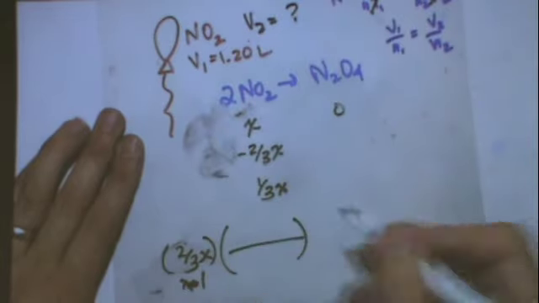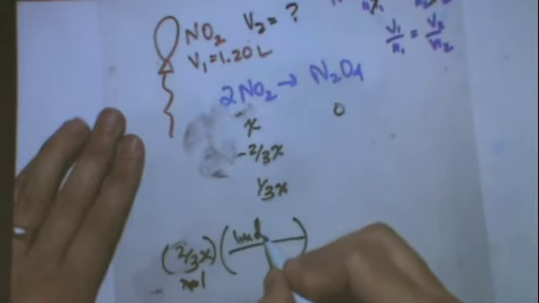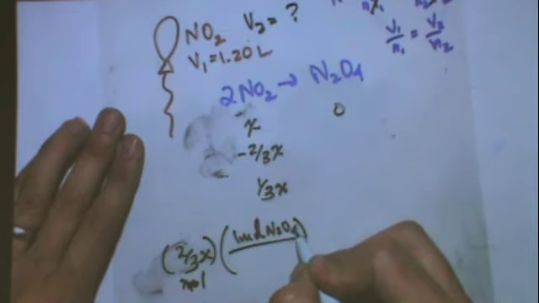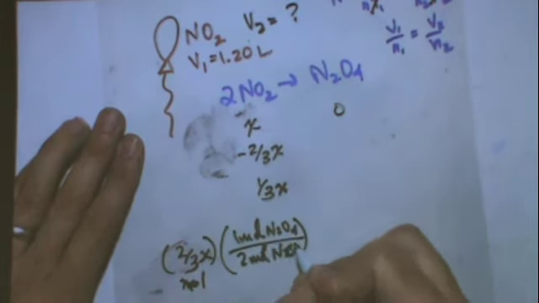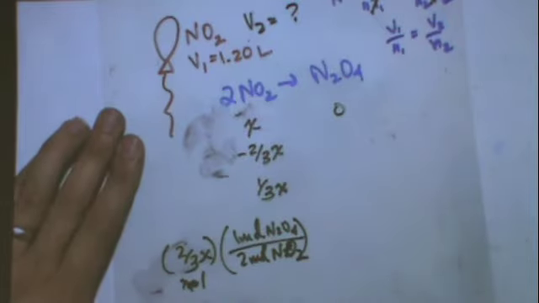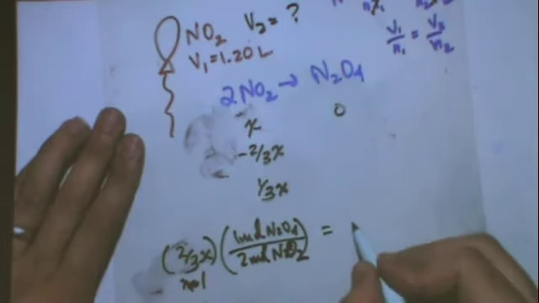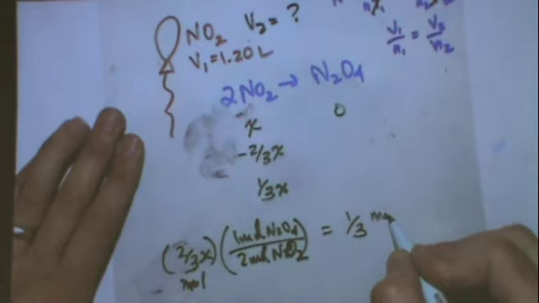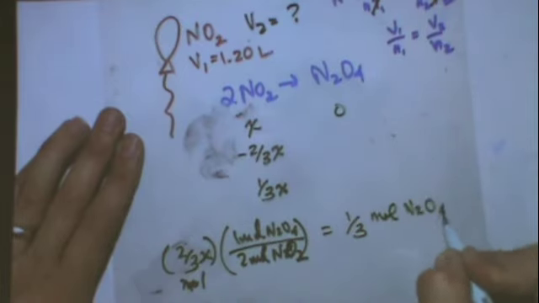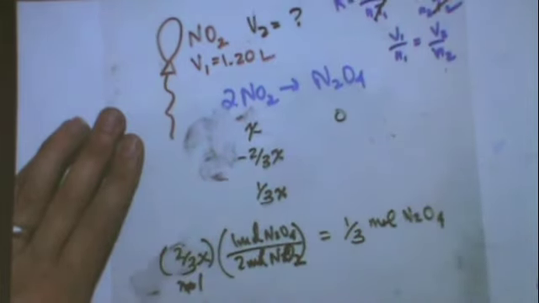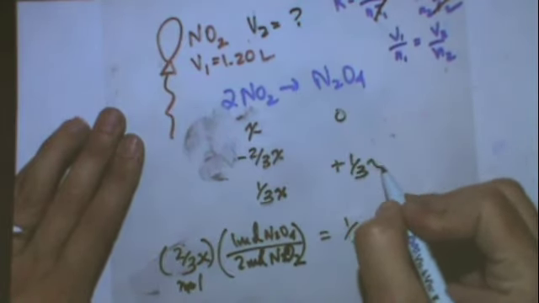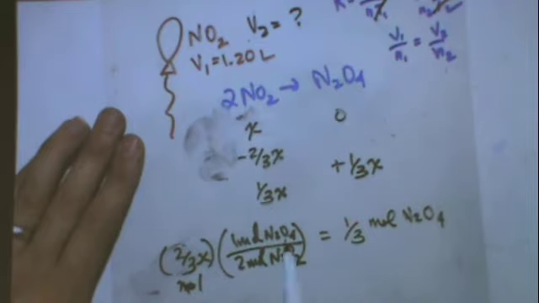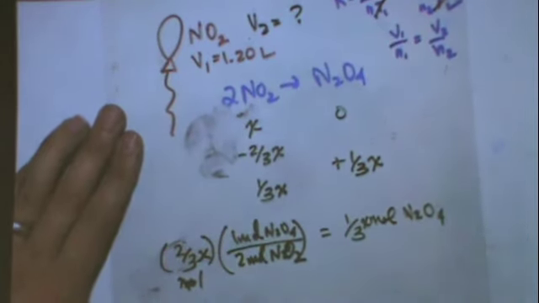So now let's do a mole ratio. There's 1 mole of N2O4 for every 2 moles of NO2. Is that okay? So what's left? 2/3 divided by 2, that's 1/3 X moles of N2O4, our dimer. And the X carries over. Is that okay? All right.